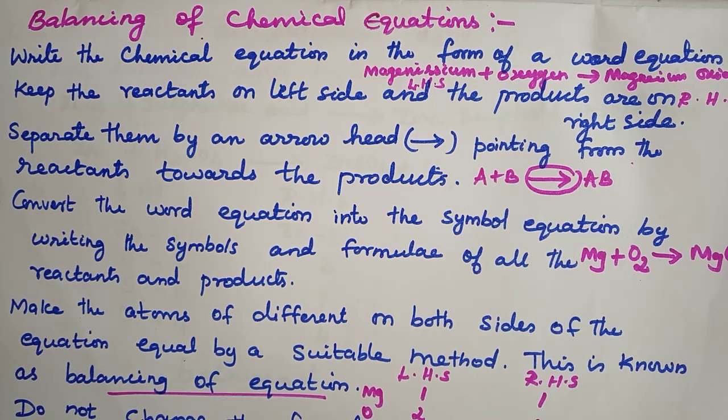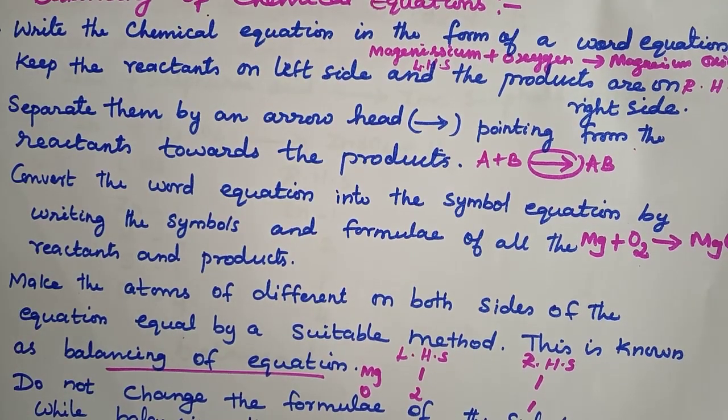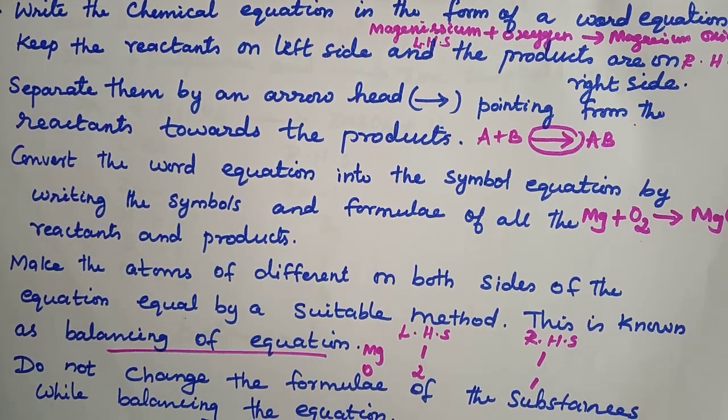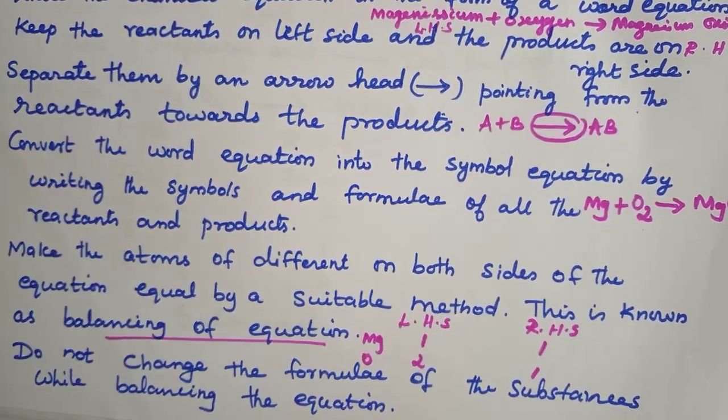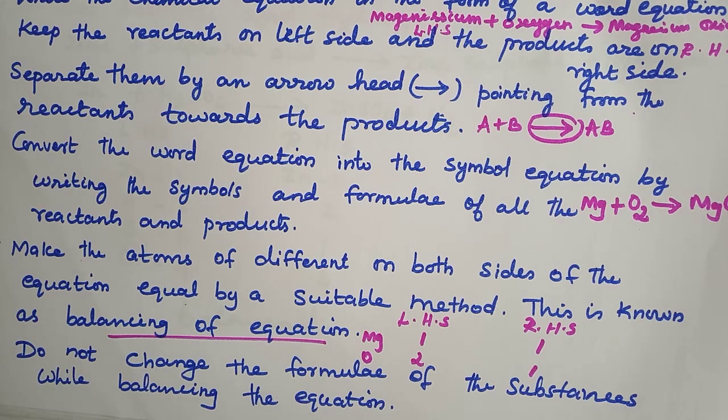Okay, here we have one note: do not change the formula of substances while balancing the equation. We should not change the formula, but we can change the number of atoms on both sides. Understood? Because it should be balanced. And we have to find out the compounds, elements, meaning polyatoms.